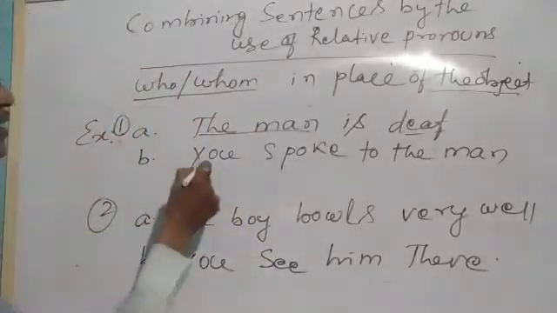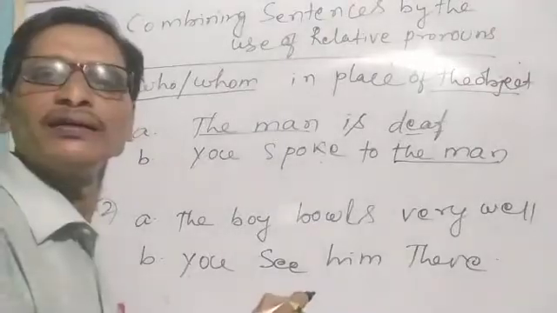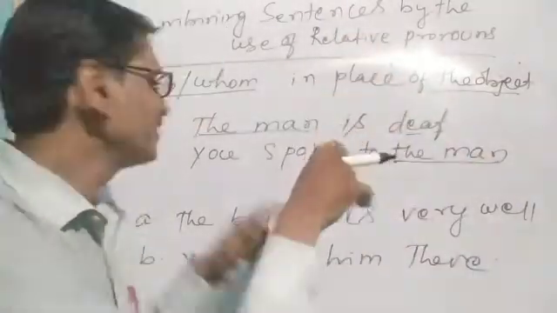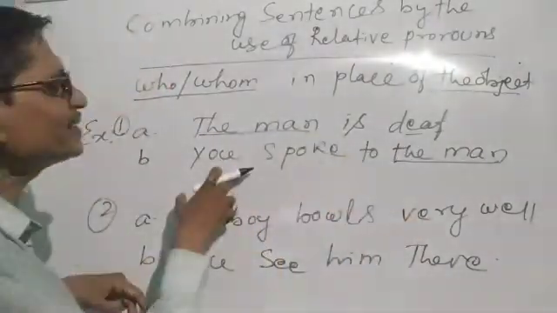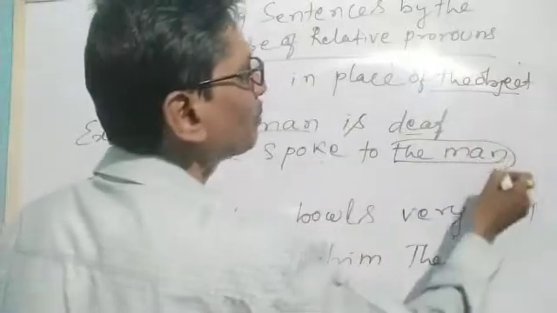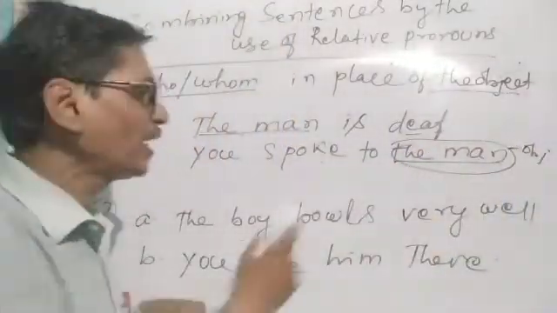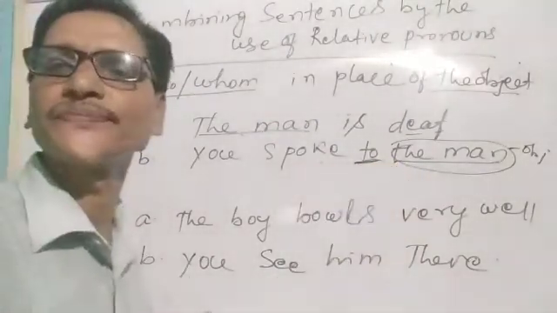Next, you spoke to the man. You spoke to whom? To that man. So the man is common in both. But in the second sentence, the man is used as an object, yes or no? And before this object, there is a preposition.